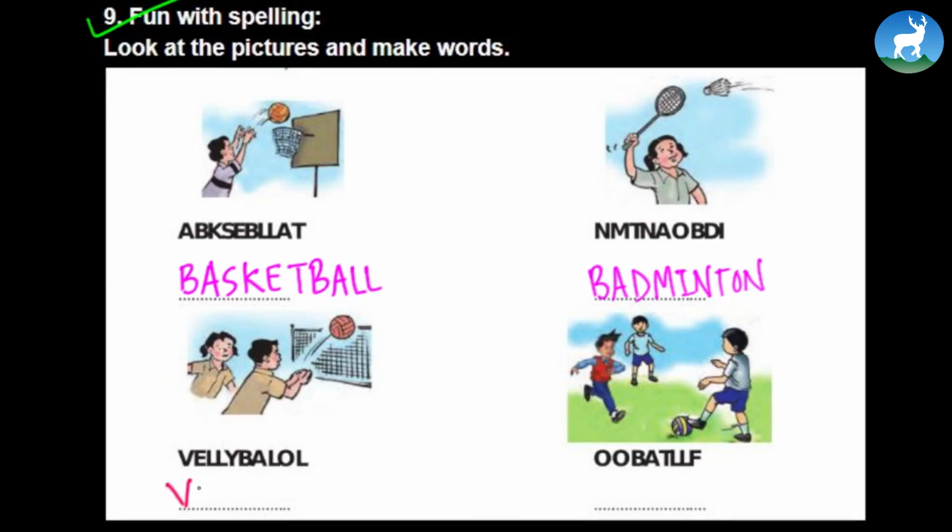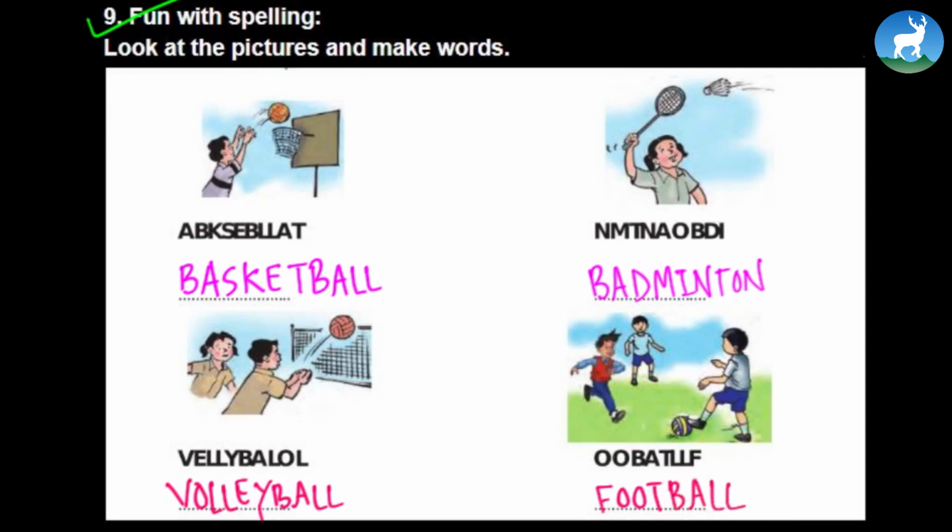So volley, that's the spelling of volley. Now we need to write ball. Now it's volleyball. Fourth picture, the boys are playing football. What's the spelling of football? It begins with F. We need O followed by T for foot. Now after foot comes the word ball, so it's football.